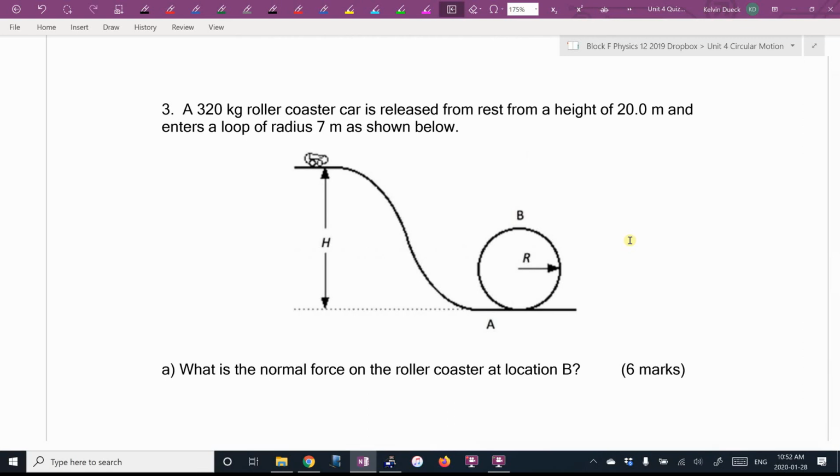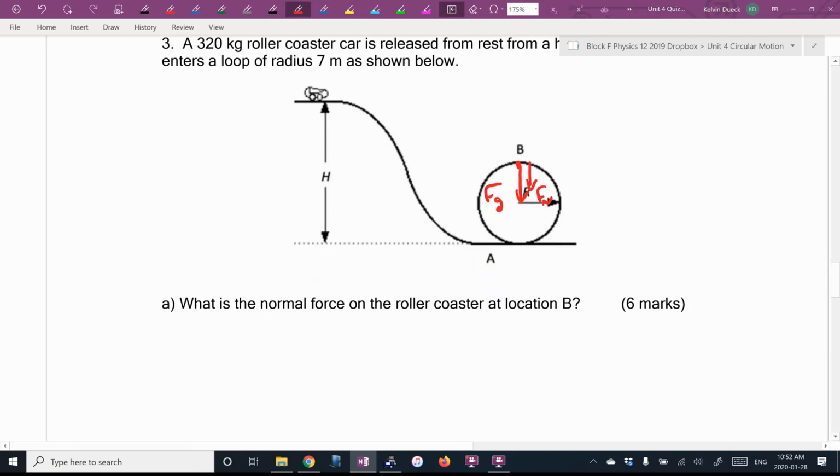So they want the normal force at location B. Well, free-body diagram, I'm going to have gravity and normal force. Who's winning? They both are. Who's losing? No one.